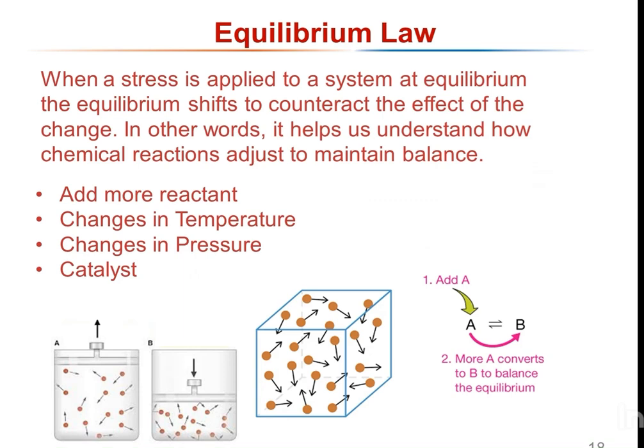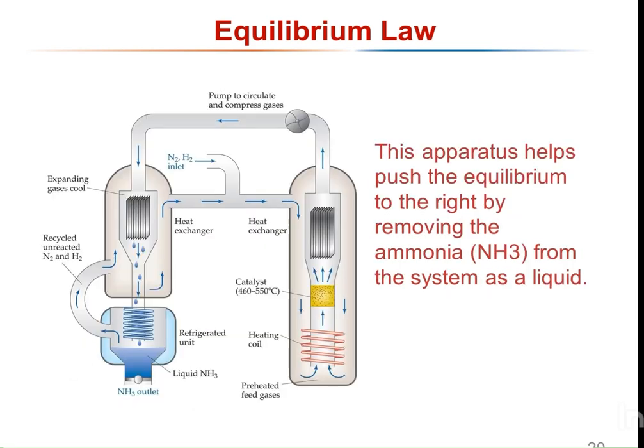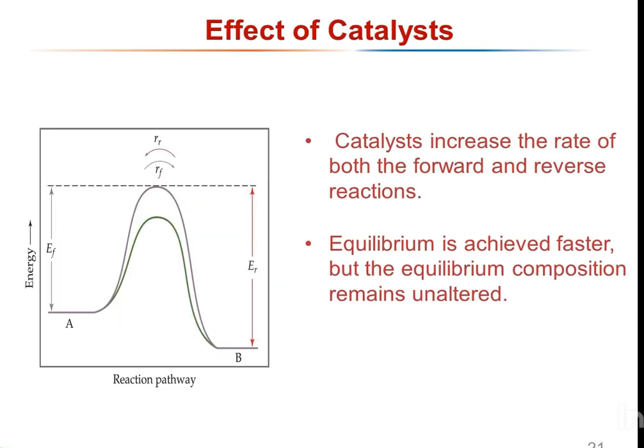And with less pressure, or decreasing pressure, we will have more reactant. As an example, in the Haber process, adding more nitrogen or adding more hydrogen gives more ammonia as a product. And also removing ammonia from the process leads to more ammonia being produced in the system.